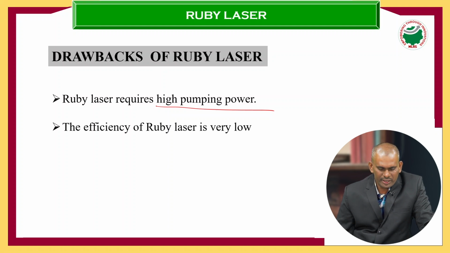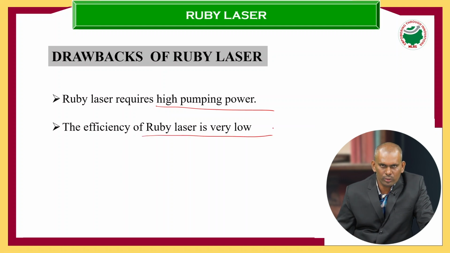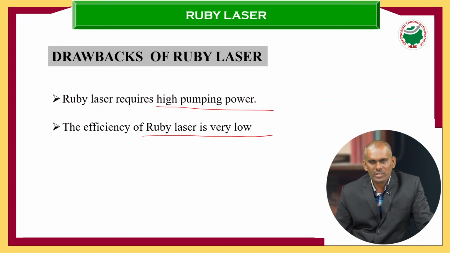The other drawback is that the efficiency of the ruby laser is low. Nowadays highly efficient laser sources are available. Because it is the first fabricated laser system, compared to the available laser sources, the efficiency is somewhat less in the ruby laser.